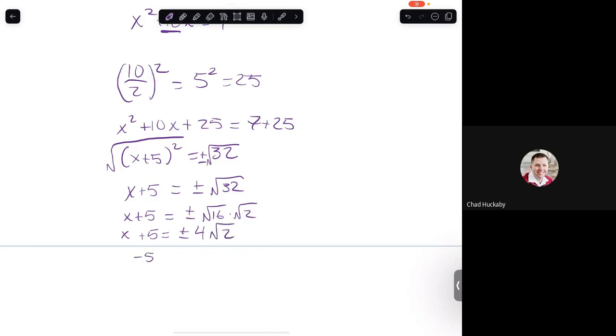We can then subtract 5 from both sides and get x is equal to negative 5 plus or minus 4 times the square root of 2. And both of these solutions are real, whereas both of the solutions in the previous example were imaginary. So this is your solution, or your solutions.